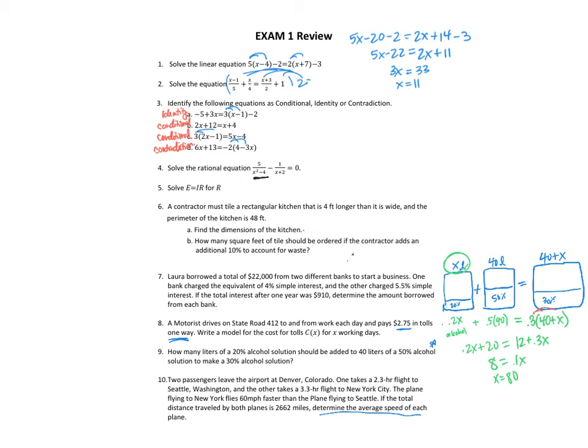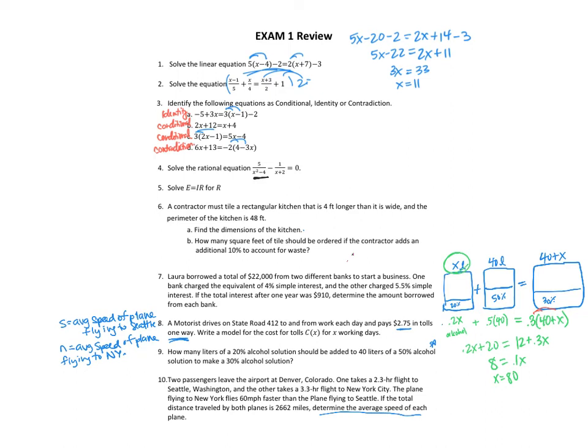So let's say S is the average speed of the plane flying to Seattle, and I'm going to say N is the average speed of the plane flying to New York.